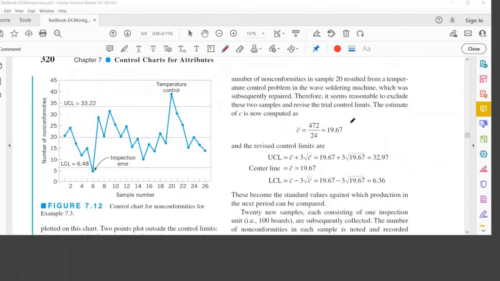These are the control charts. The control chart for non-conformities. And then you plot the C values. Plot the C inside. And then you compare now.